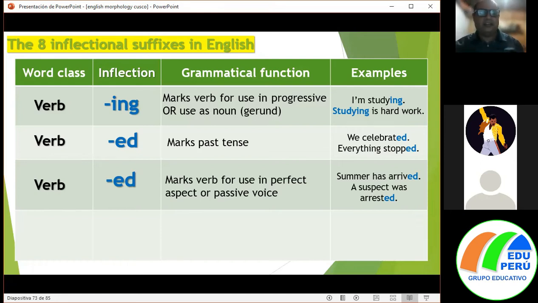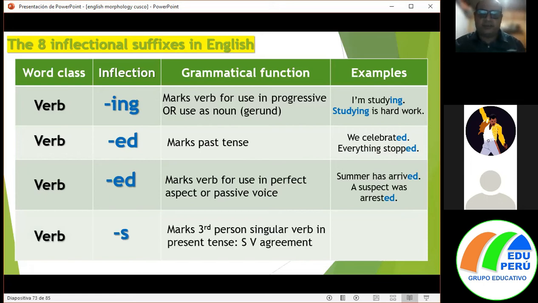And finally, we have the S. No? The S marks third person singular verb in present tense. Subject-verb agreement. That makes me happy. The film starts at 8:05.